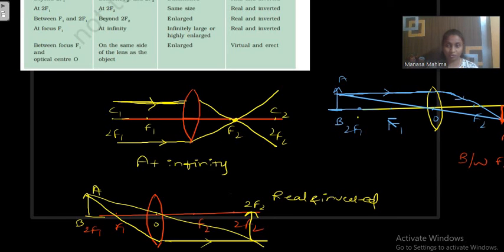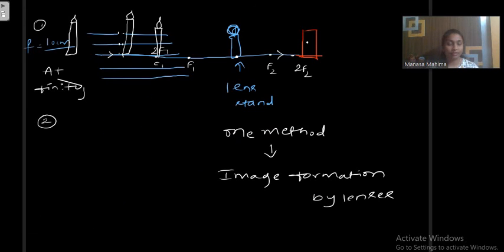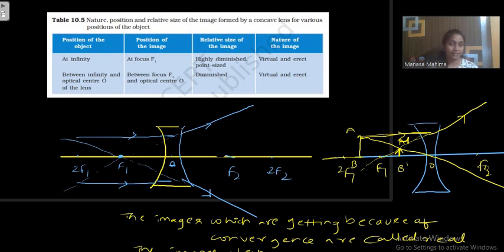There are three cases we have to consider, and among the three cases, any two cases we have to take to get the images that are formed in convex as well as concave lenses. This completes the topic about the image formation in the case of lenses.